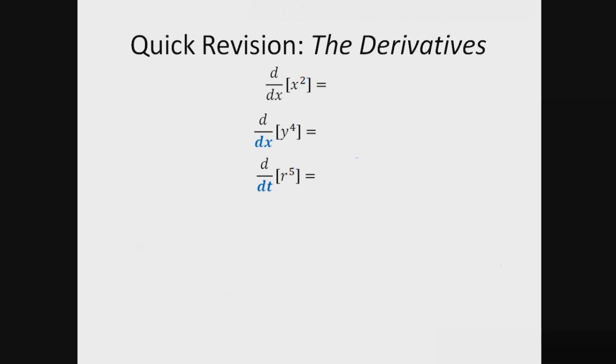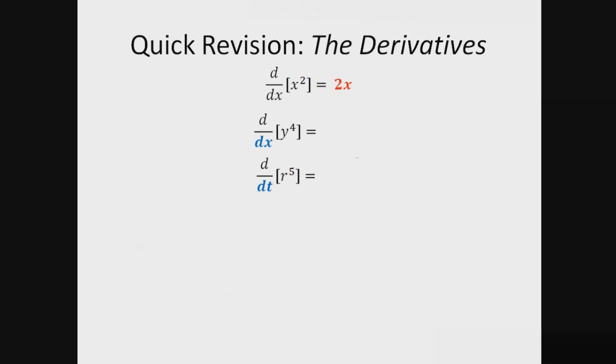Today, we are going to solve related rates problems, and it covers a lot of problems. But before we begin, let's do some quick revision on the derivative. What is the derivative of x squared with respect to x? The answer will be 2x.